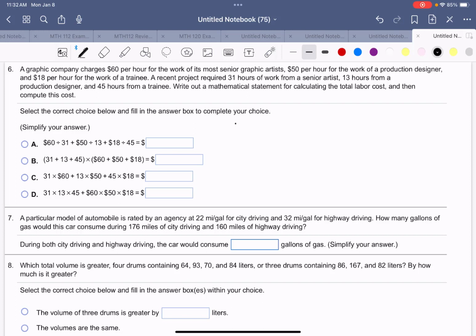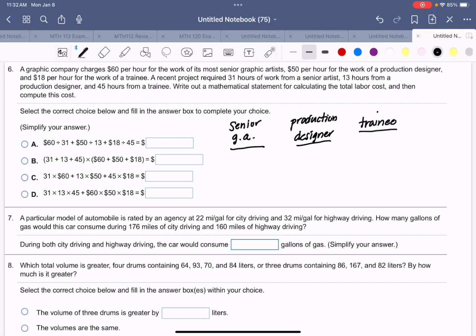So we've got a senior graphic artist, production designers, or a single production designer, and we also have a trainee working on the project.